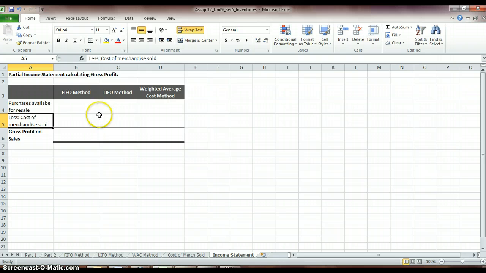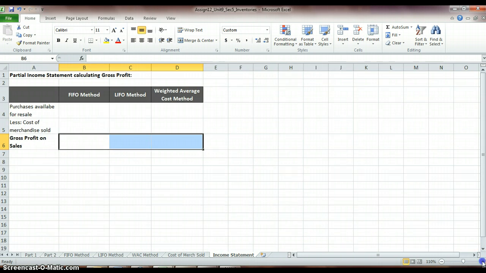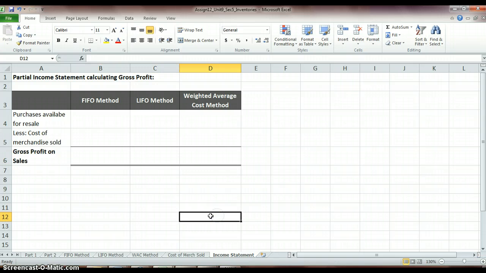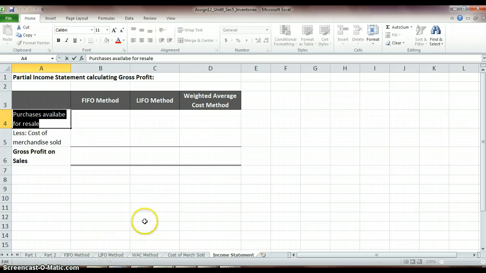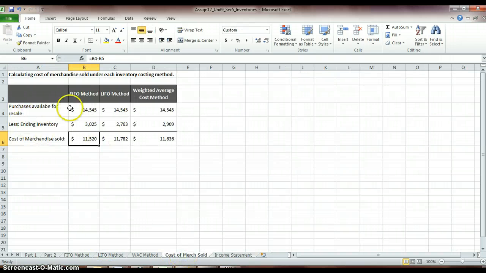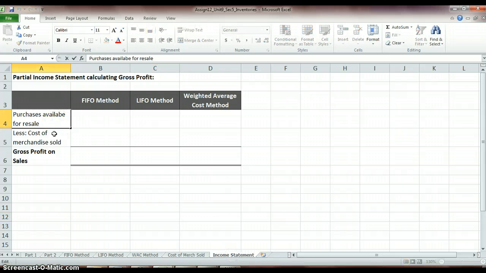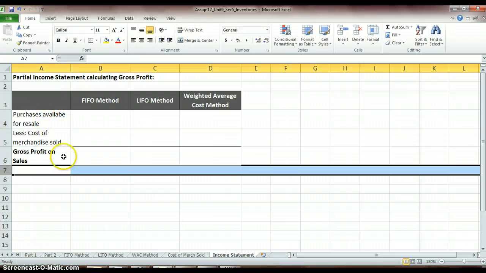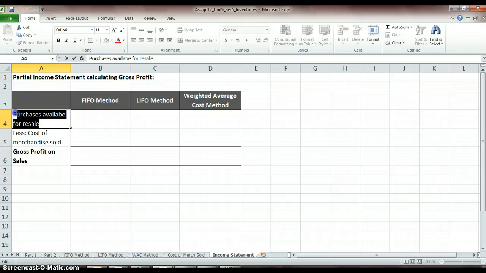Then on this income statement, we want to figure out the gross profit that we made on our sales. I just noticed up here that I have this worded wrong, because you're going to think that it's the same amount, purchases available for resale, but this should actually say net sales.